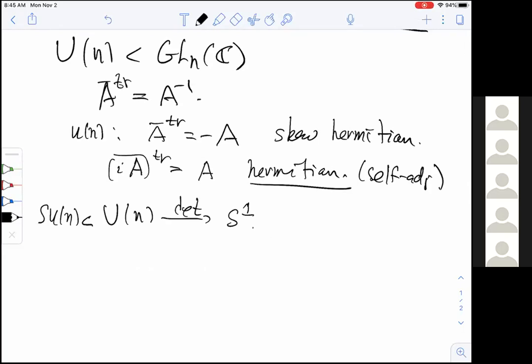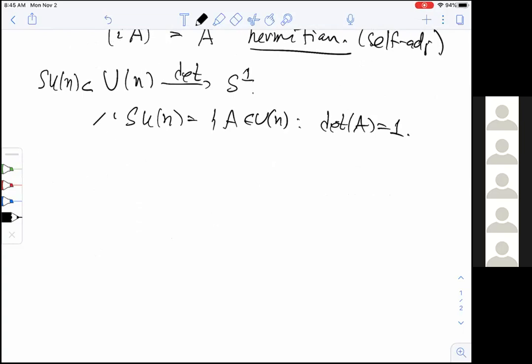So SU(n) is the matrices in U(n), unitary matrices, such that the determinant of A is 1. Another way to think about unitary matrices: they're just complex matrices whose columns form an orthonormal basis of Cn.